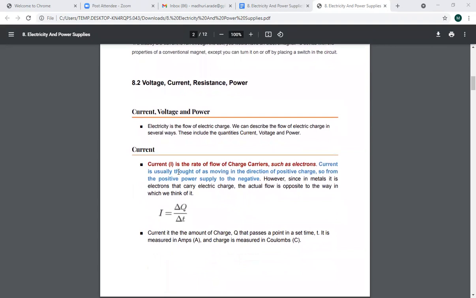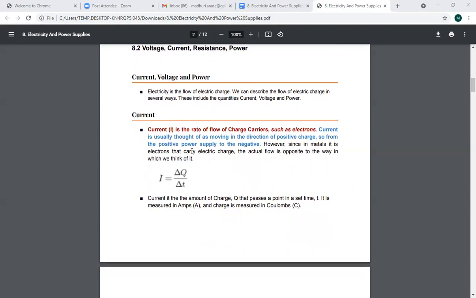Along with that, there are some major factors of electricity: the current, then voltage, and the power and the resistance. These are interrelated to each other. So current means it is a rate of flow of charge when it carries that particular charge throughout the medium.